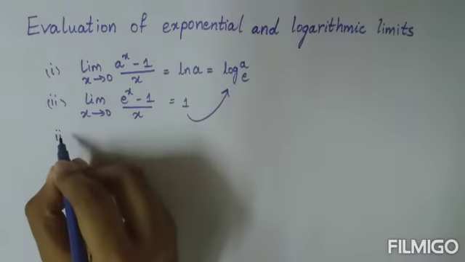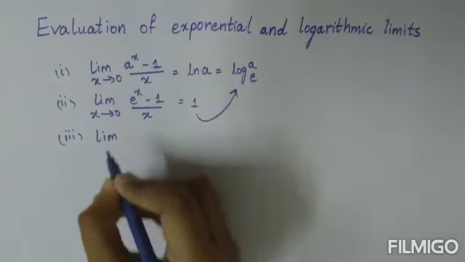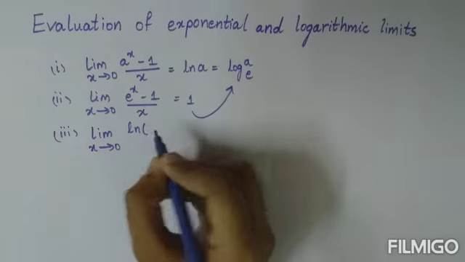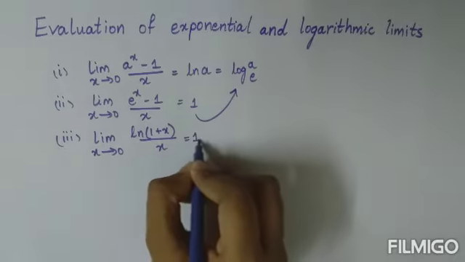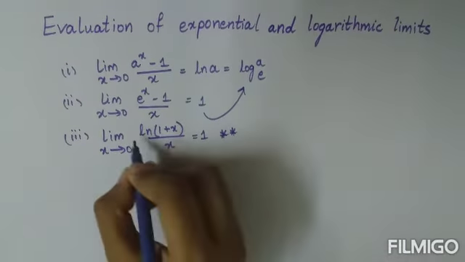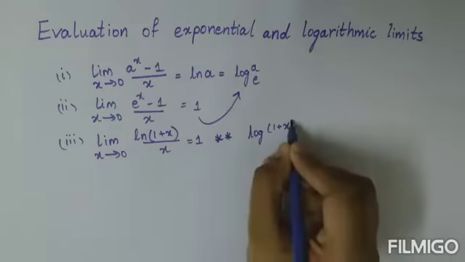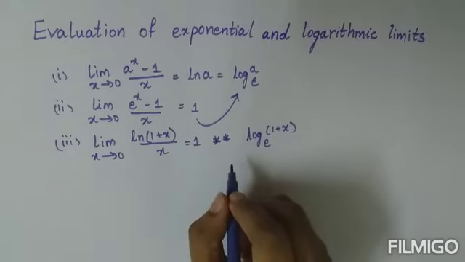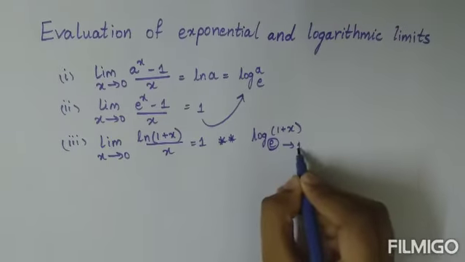Next, for logarithmic limits, we have to remember that limit x tends to 0, ln of 1 plus x by x is equal to 1. You have to remember very clearly that the base should always be e, because sometimes they may confuse you while asking questions by giving the base as 10.